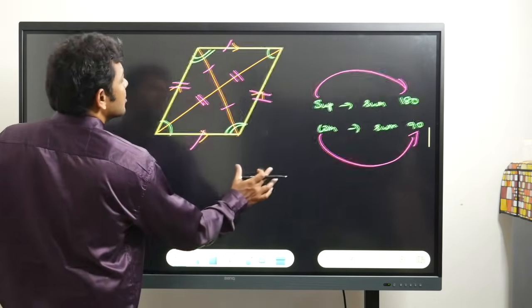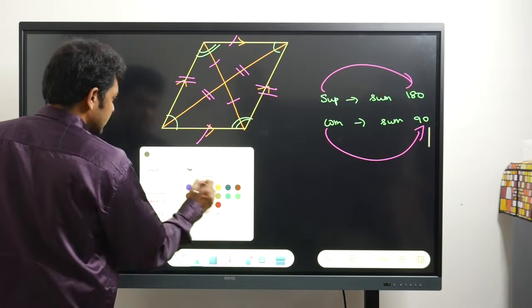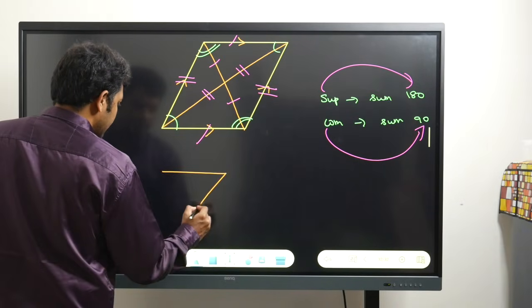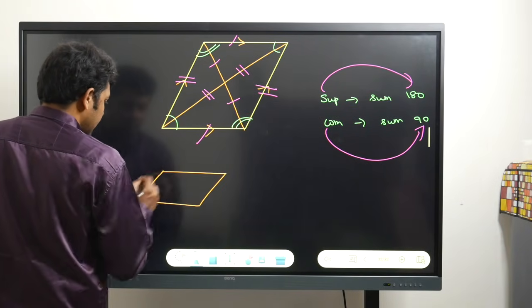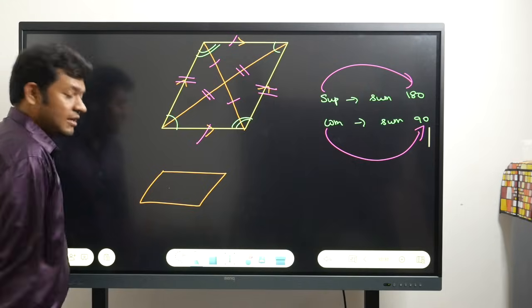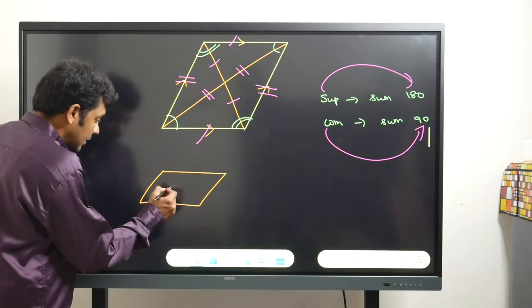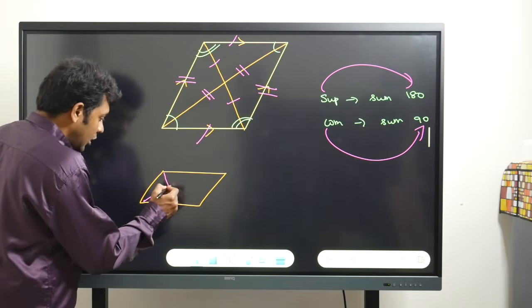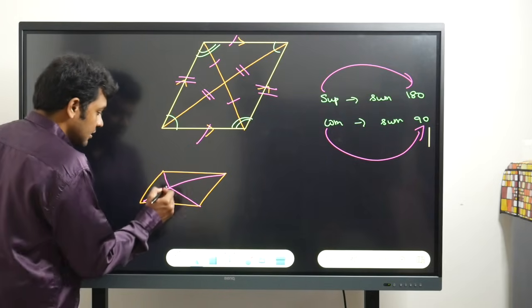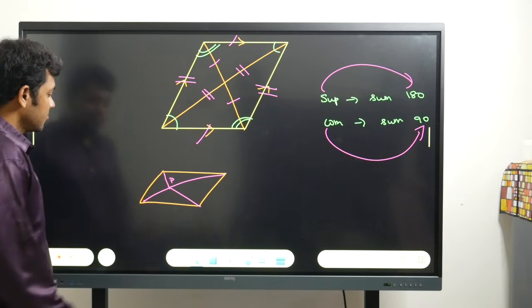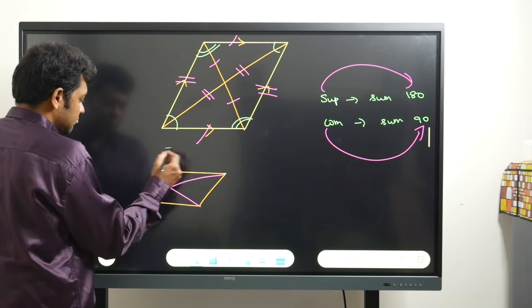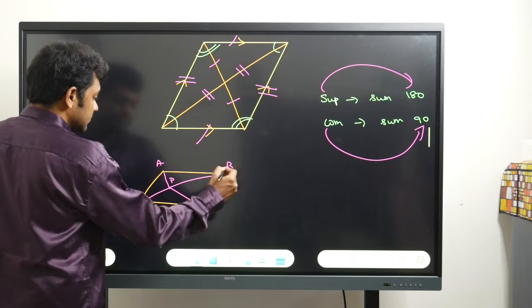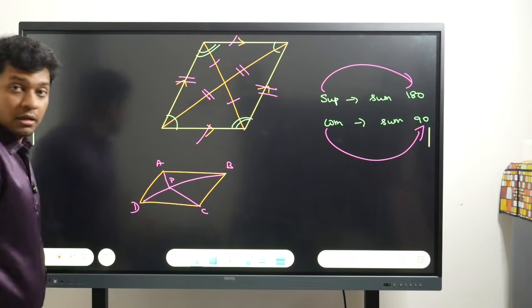There is one extension to this. It's good to know this. In a parallelogram, you take any point inside it, and you join the four vertices. Let's say this point is P, and the parallelogram is ABCD.